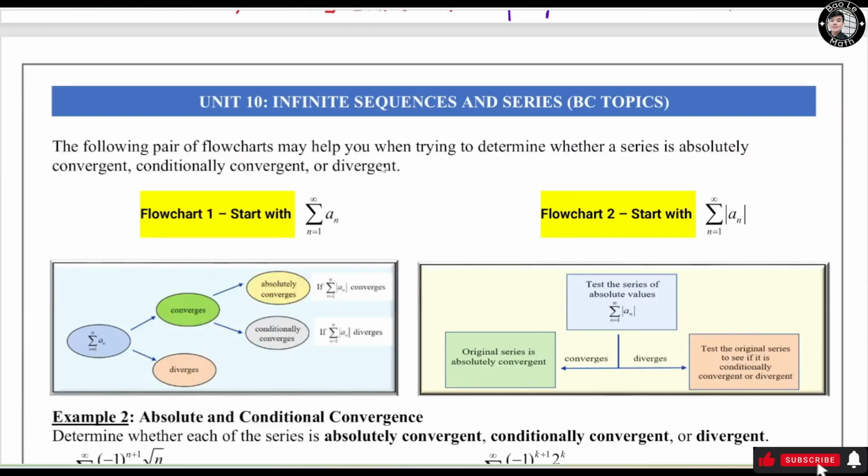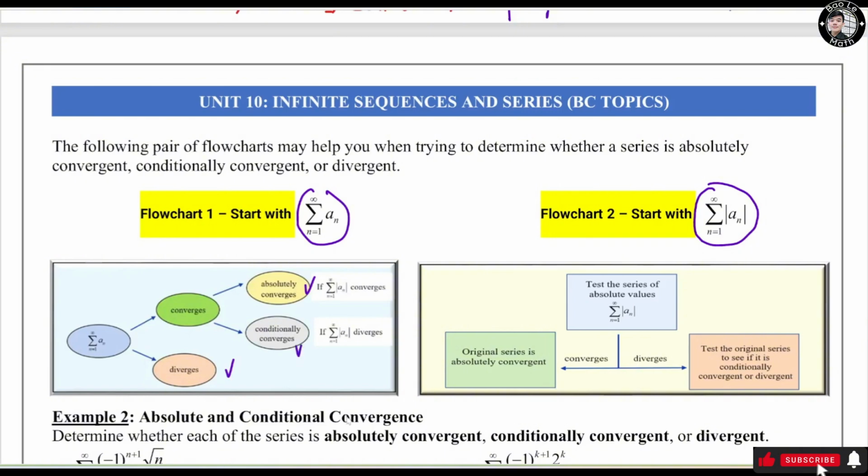Now, you have two different ways to deal with this topic. You either start with the original one, or you start with the absolute value one. For the first one, the series a sub n either converges or diverges. If it diverges, you stop. If it converges, you check to see if it converges absolutely or conditionally.